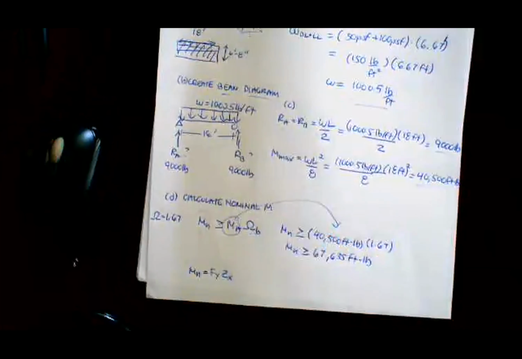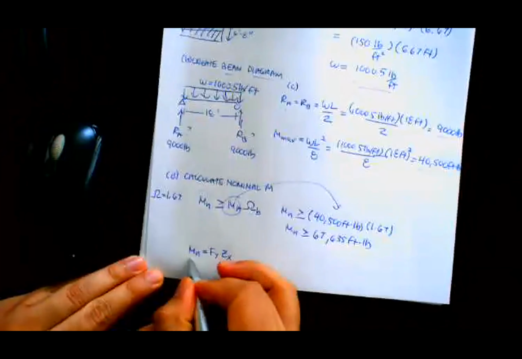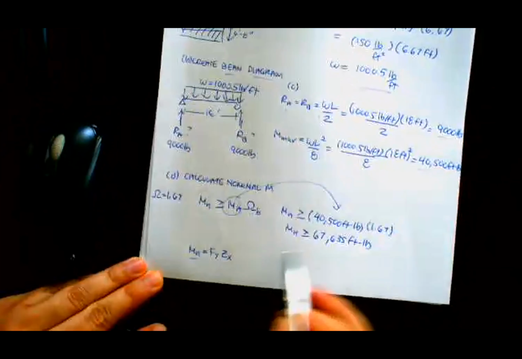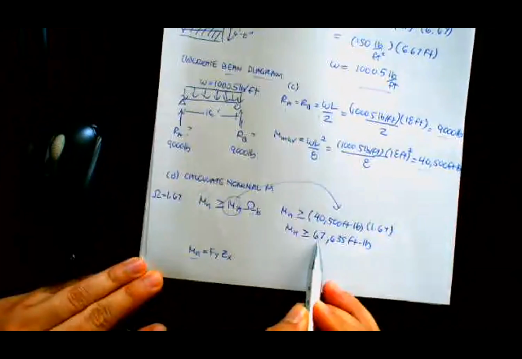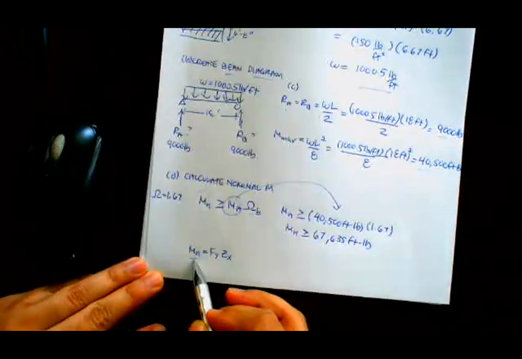So now what we want to be sure about is the fact that the nominal moment of the beam we select is greater than this. And this is how we're gonna check: what is the nominal moment of a beam?